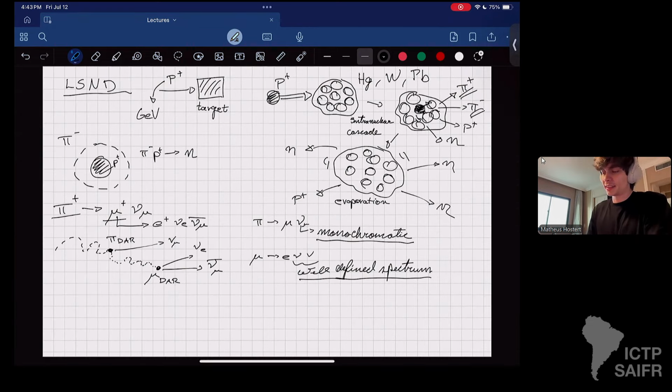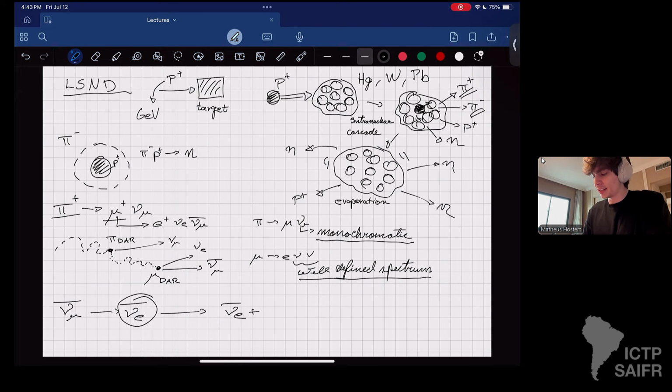And here comes the great thing about LSND, which was that they searched for nu mu bar going to nu e bar. And why nu e bar? Well, Peter already answered that for us. Nu e bars like to scatter on hydrogen, and this is crucial, it has to be hydrogen, to give you a positron plus a neutron.